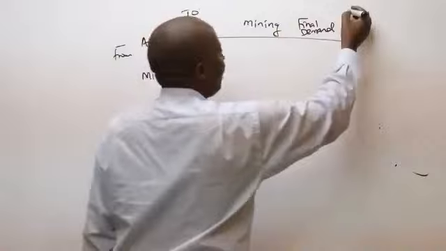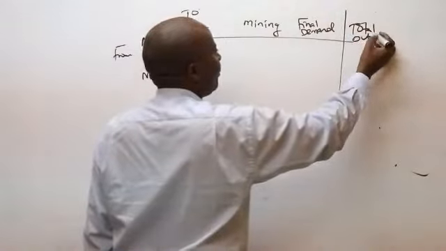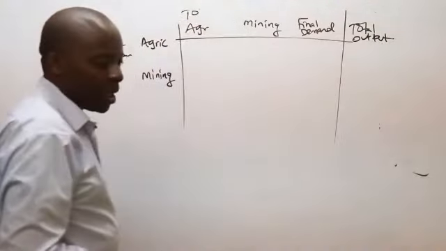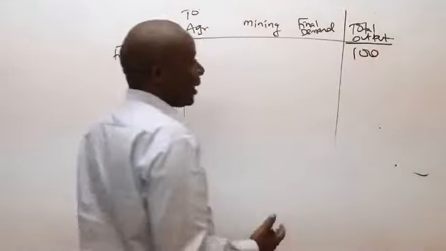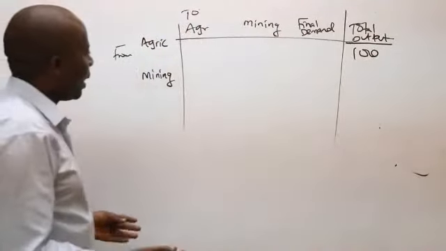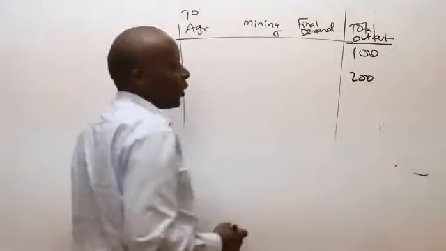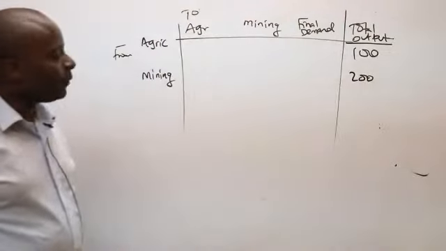So it'll come and give you here what we call the total output. It'll tell you that agriculture in the year produced 100 kilograms, could be 100 million kilograms. And for example, mining produced 200 kilograms of limestone. Limestone is quite useful.